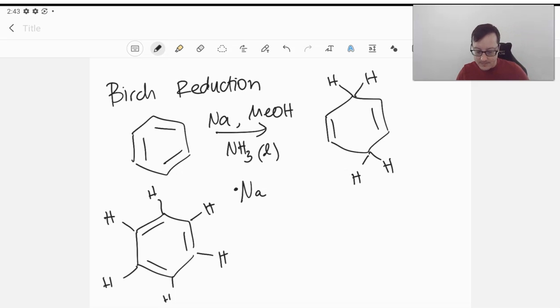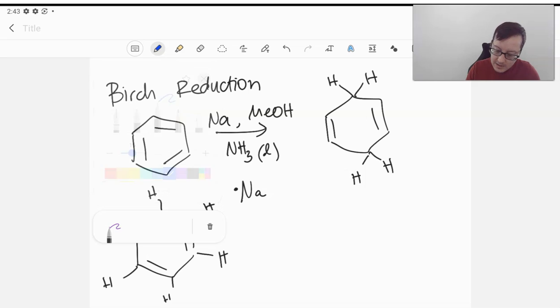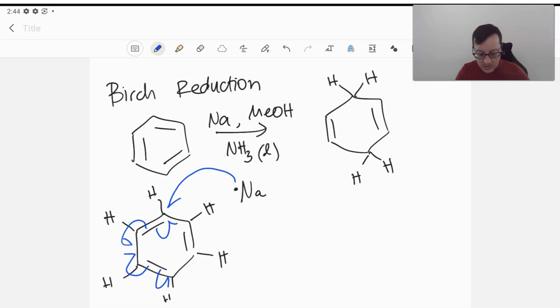The first step here is we're going to have a sodium electron add to our molecule. Notice that I'm using the fishhook arrows here, one side only, because this is a radical, 1 electron. That's going to cause the following set of reaction arrows to happen. We're going to end up breaking one of those double bonds, forming a new double bond here.